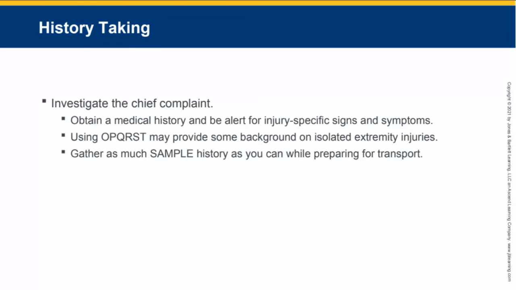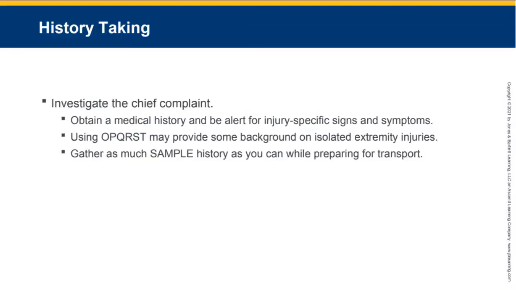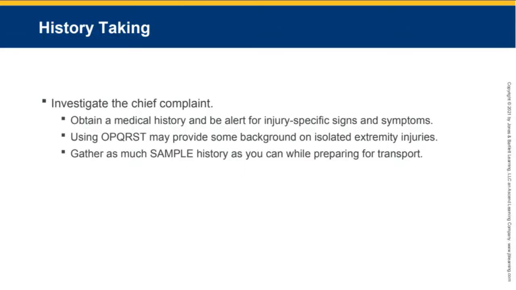So after the primary assessment, the next phase is your history taking. Investigate the chief complaint, obtain a medical history, and be alert for injury-specific signs and symptoms. Using the OPQRST may provide some background on isolated extremity injuries.